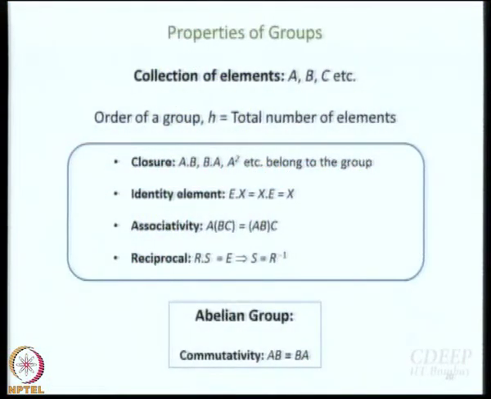Fine. But before that, let us remind ourselves of what is a cyclic group. A cyclic group, what is a cyclic group? And I have written abelian as saying cyclic, that is a different issue. A cyclic group is something in which the elements are like E, then maybe X, then X square, and so on and so forth. Cyclic group means, say take for example the C3 point group.